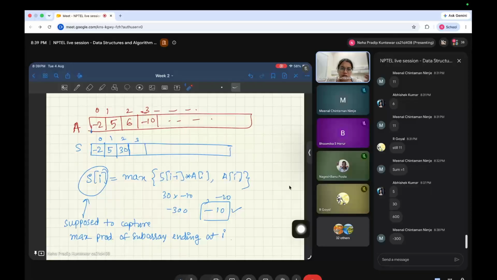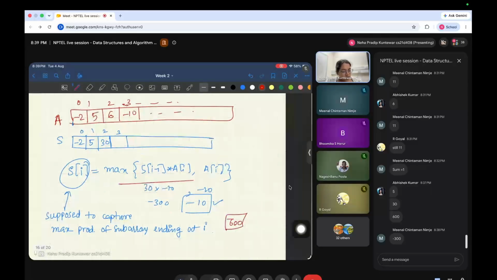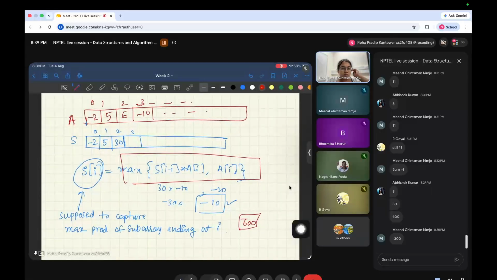You end up getting 600. So the correct answer should have been 600, but if we apply this formula, you end up getting something else. So this is faulty. How do we correct this?